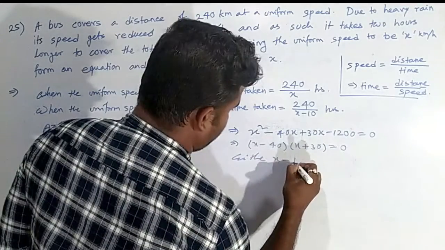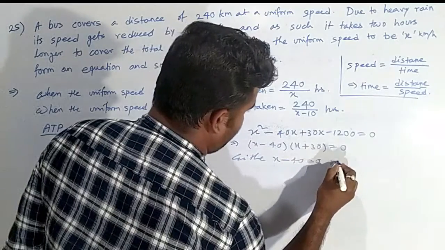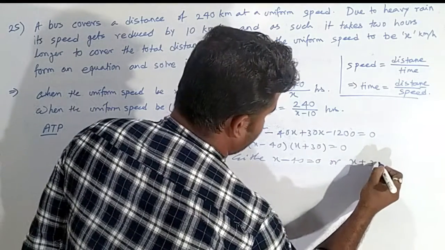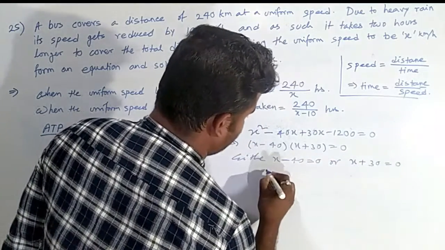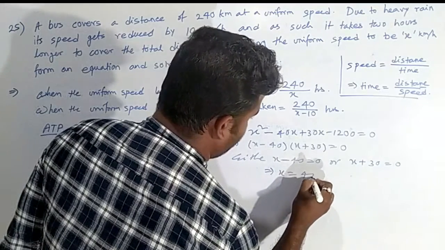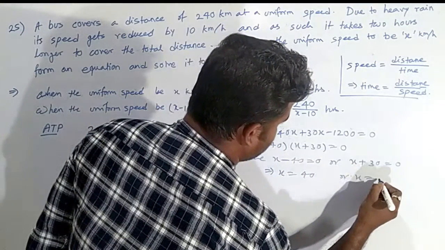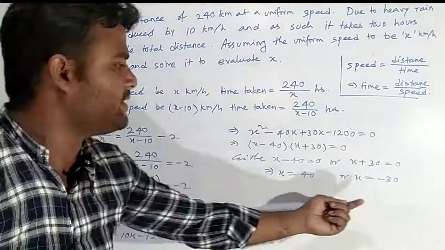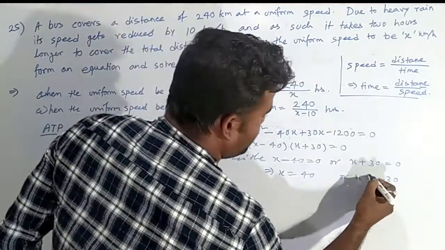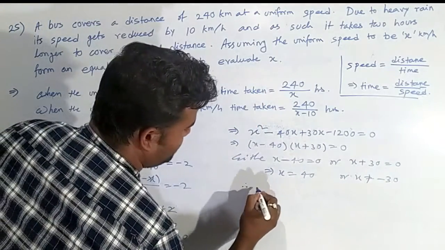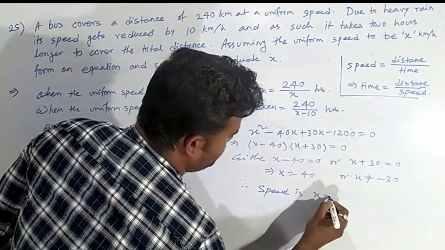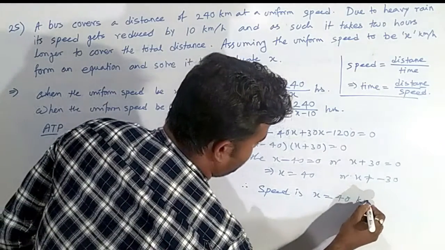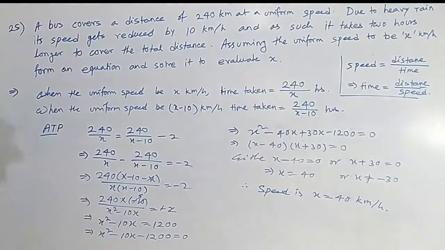So either x minus 40 equals 0 or x plus 30 equals 0. That implies x equals 40 or x equals minus 30. Now look, speed cannot be negative, so x is not equal to minus 30. Therefore, speed is x equals 40 km per hour. That's it.